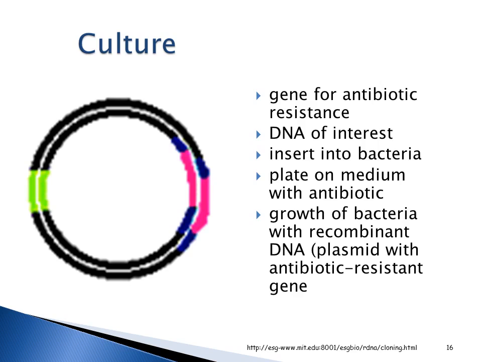Then you take that bacteria and make a lawn of growth on an agar plate that contains the antibiotic that matches the plasmid's antibiotic resistance gene. So any bacteria that can grow on that agar with antibiotic contains the plasmid that has your antibiotic resistance gene, which would indicate that that bacteria has your recombinant plasmid.